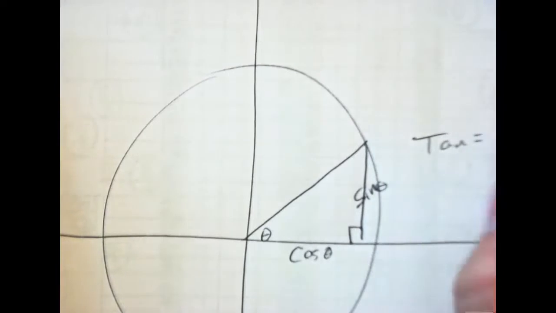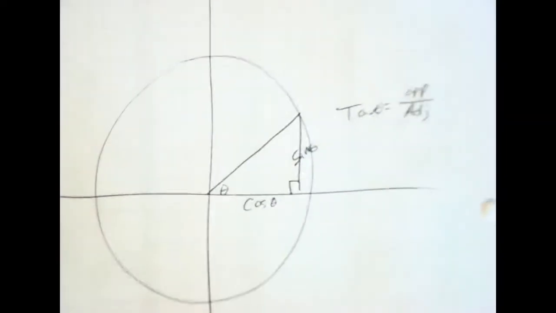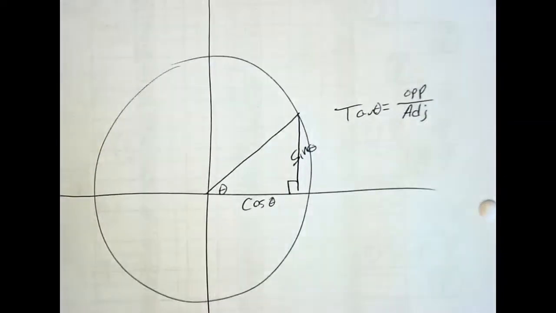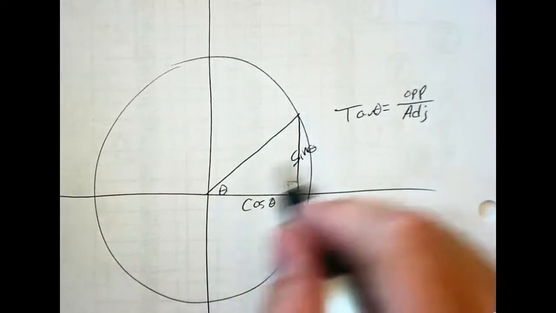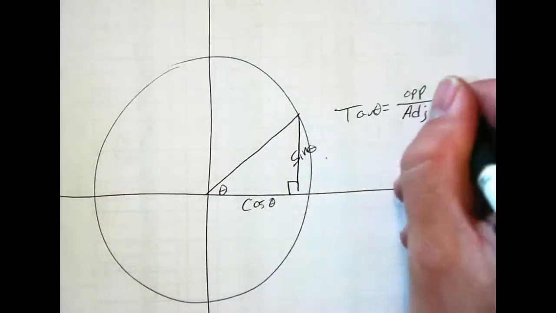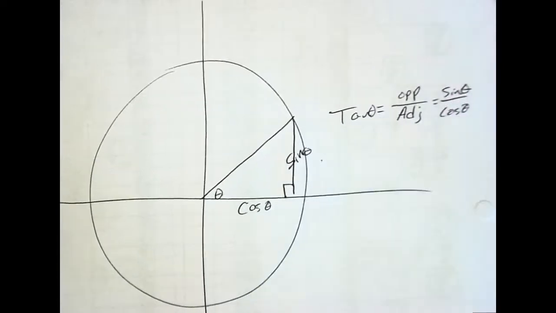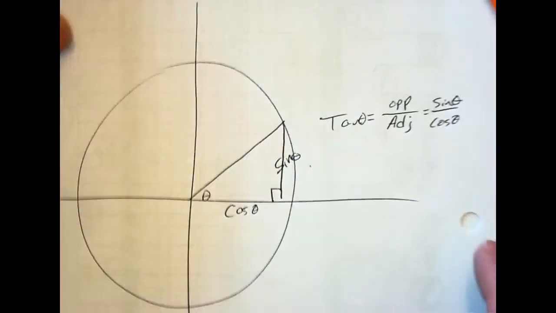Tangent, we know, is equal to sine over cosine, the opposite over the adjacent. The opposite over the adjacent is equal to? What's the opposite of theta? Sine. Adjacent, cosine. All right. Sine over cosine.